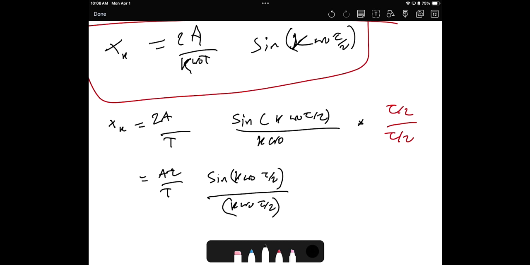Okay, what's the point of this step? This is the same as this one, right? This looks like sine x over x. And what's sine x over x?